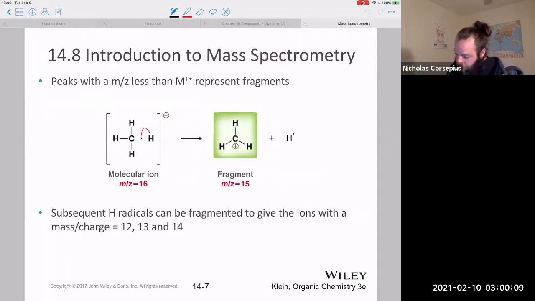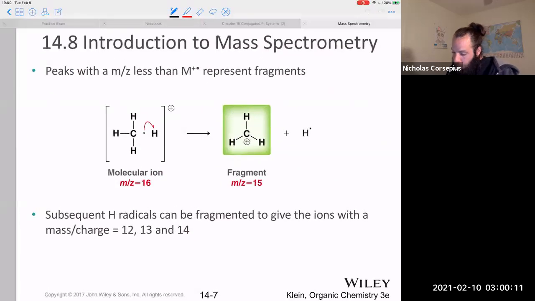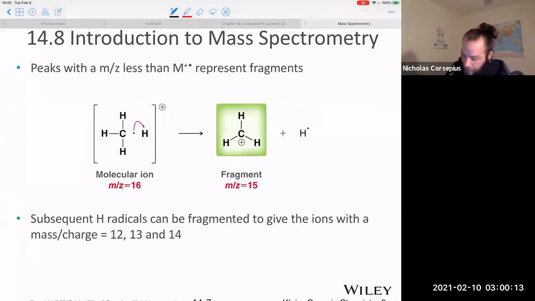Okay, so if we had, for example, methane, we bombard it with electrons, we get our radical cation, our molecular ion. That's going to have a particular m/z, because z is just +1 here. That's what it's going to be for every molecule that we deal with in this class. So this would be one peak that we see on our detector.